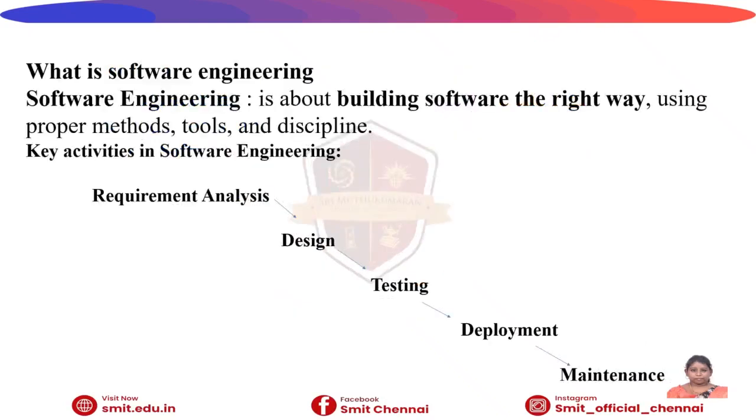Software engineering is a systematic approach to design, develop, test, deploy and maintain software in a reliable, efficient and cost-effective way. To say it in simple English, software engineering does not focus only on coding, but it includes planning, design, testing, and maintenance of software to ensure quality and reliability.